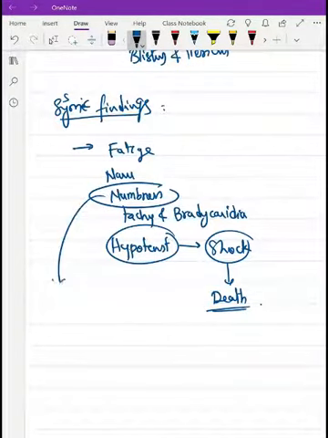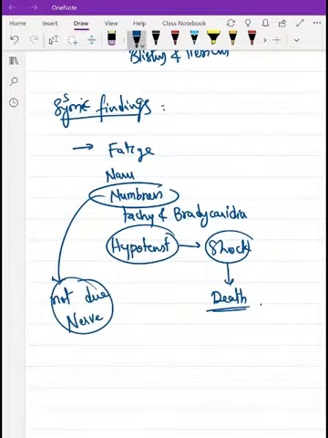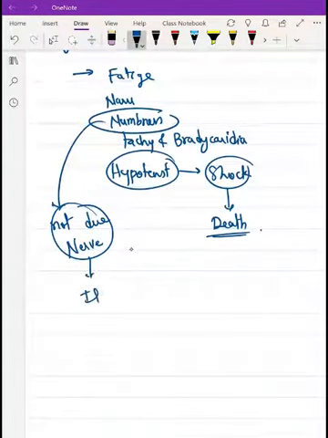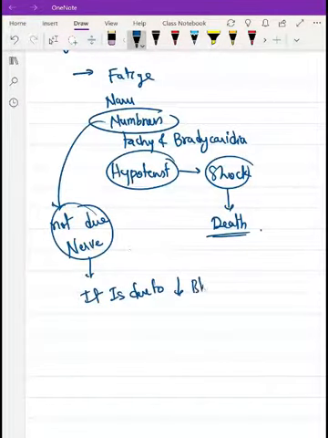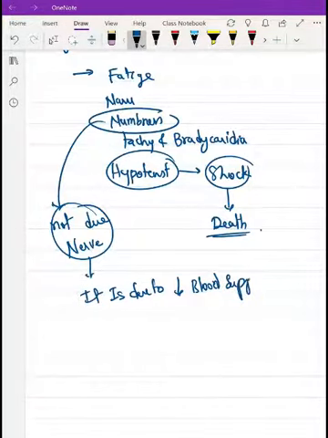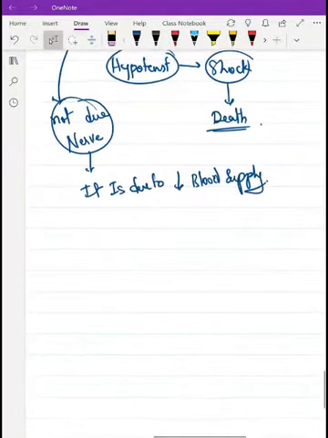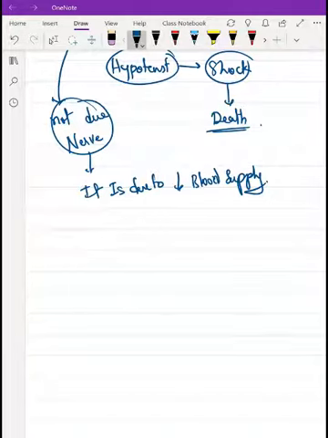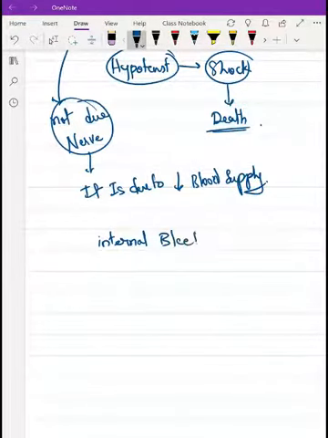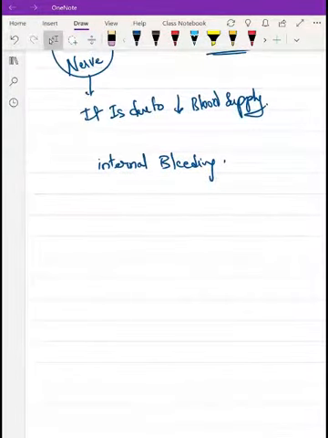Here the numbness is not due to nerve involvement. It is due to decreased blood supply. As there is disruption in the coagulation pathway, internal bleeding can also occur. This is about viperids.